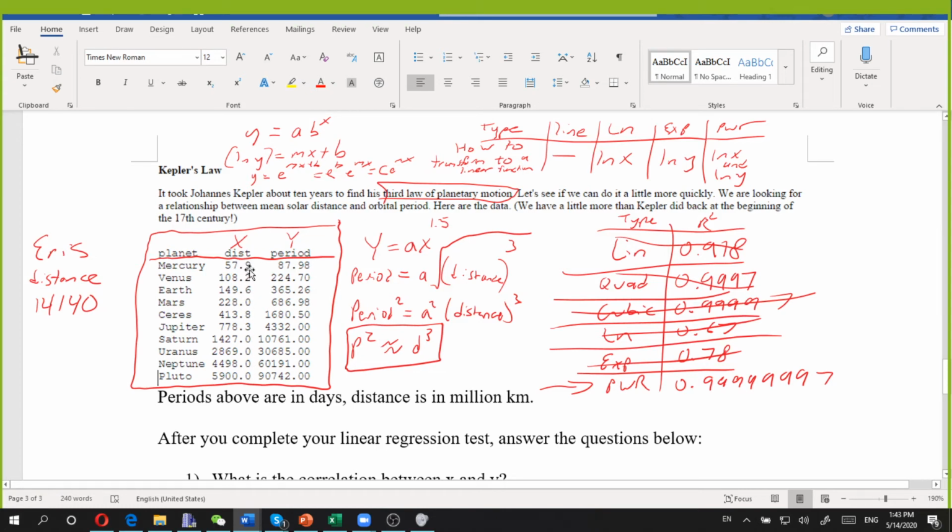So that's 57.9 million kilometers to 5,900 million kilometers. We don't have any evidence to say that this relationship still exists outside this range. So if you're closer than Mercury or further away than Pluto, we don't know that this relationship is still true. So it's not okay to use this model for Eris from a pure mathematical perspective.